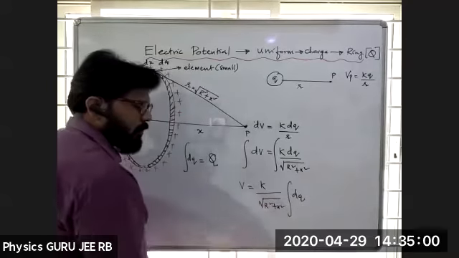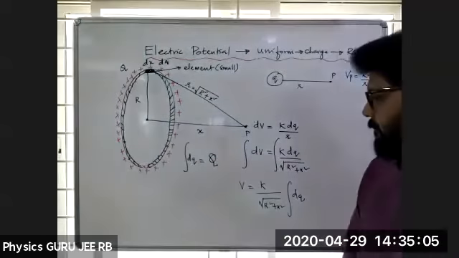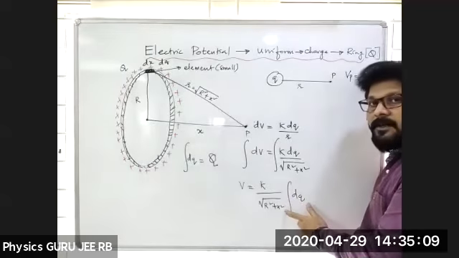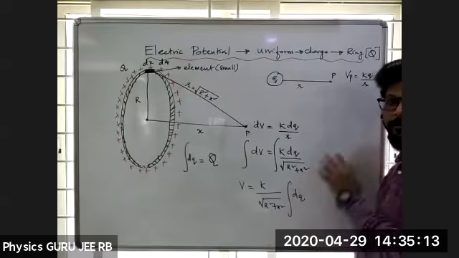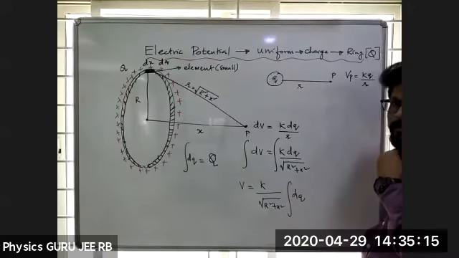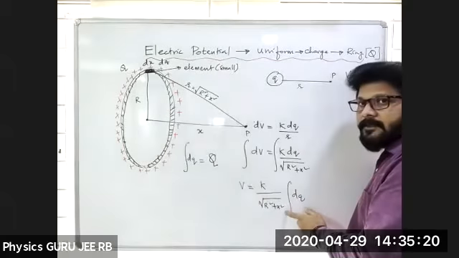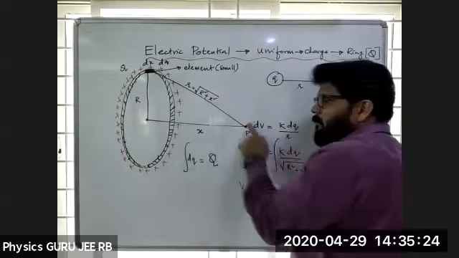So under root of r square plus x square is a constant, yes or no? Tell me. See, under root of r square plus x square, is it a constant? Yes or no? So what is this distance? This distance is from element to this point.